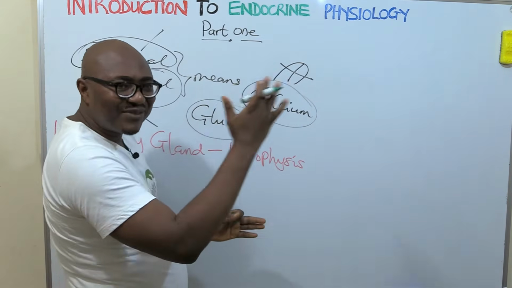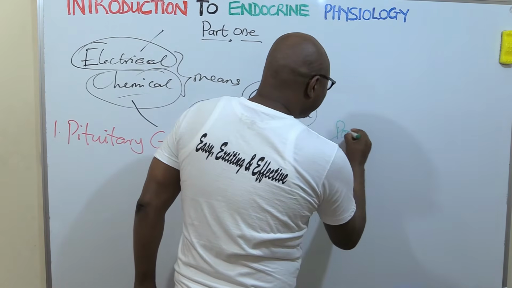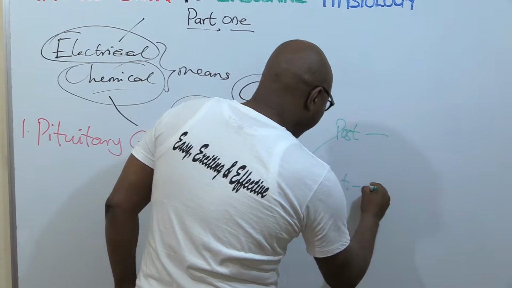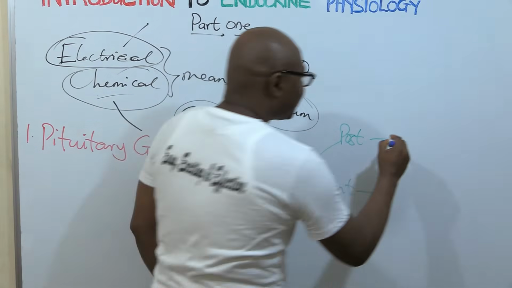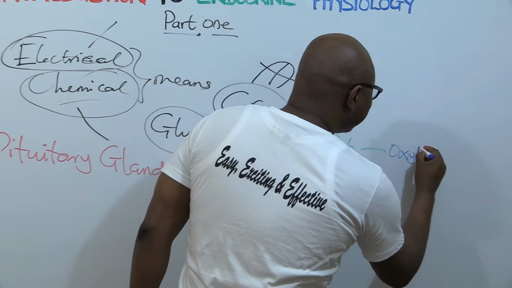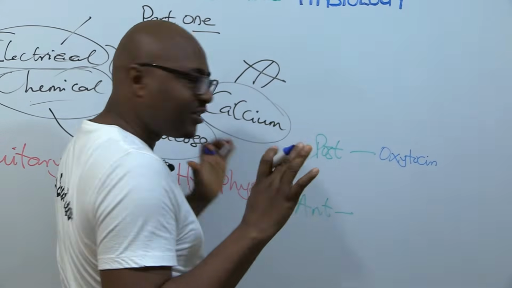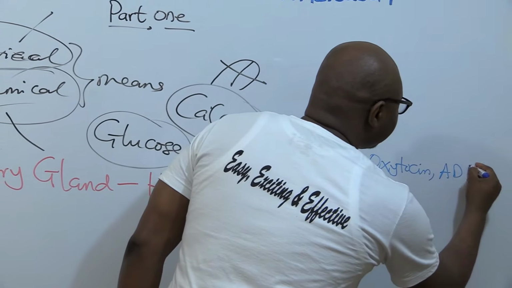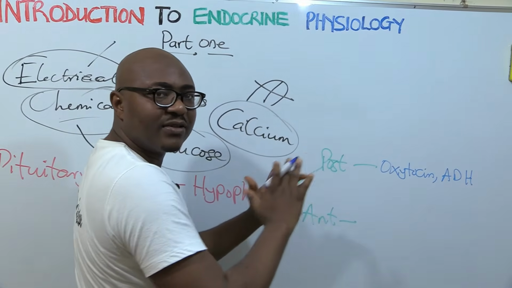Anterior pituitary and posterior pituitary secrete different hormones. Let's mention from the posterior part of it, then the anterior part. Now the posterior pituitary has 2 hormones: oxytocin, for the female reproductive system, and ADH, antidiuretic hormone.